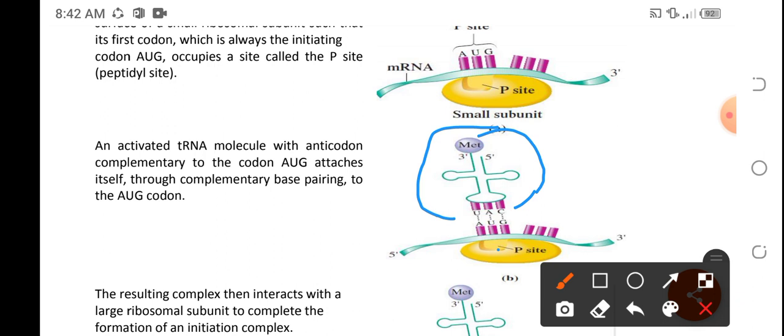And how will it know that it is the particular tRNA that will go there? Because of the anticodon. We know the anticodon is base paired with this codon.